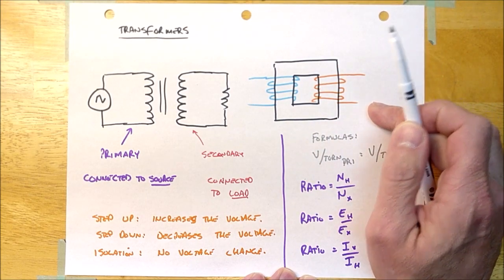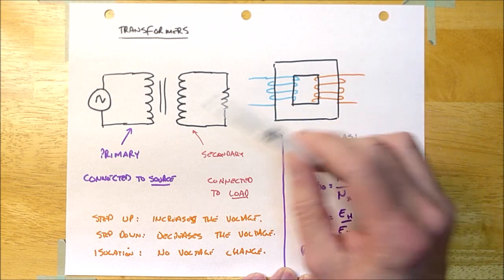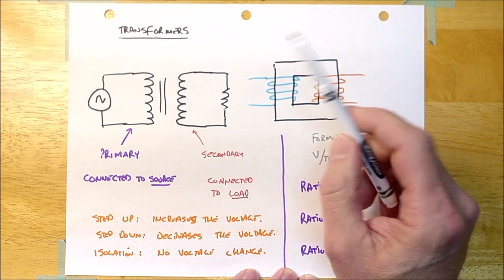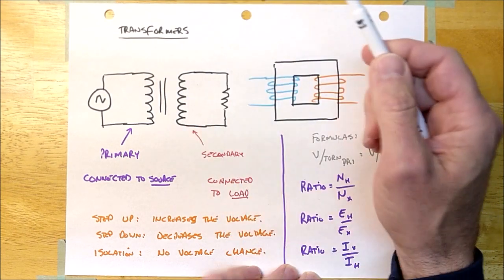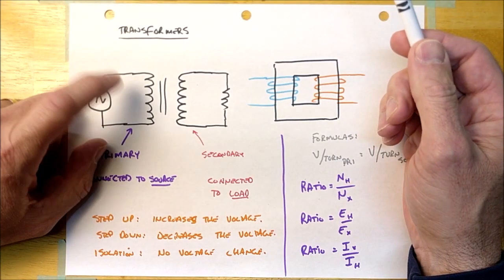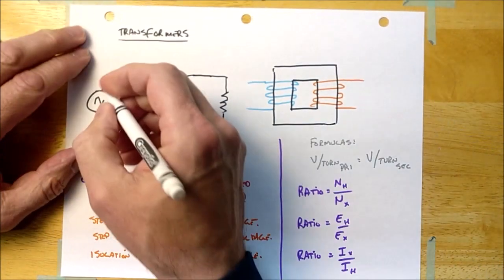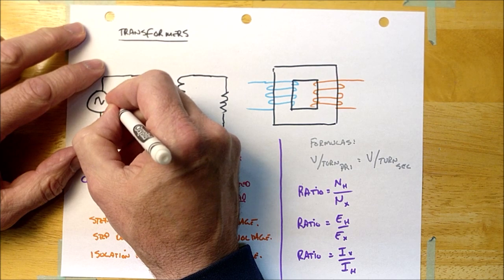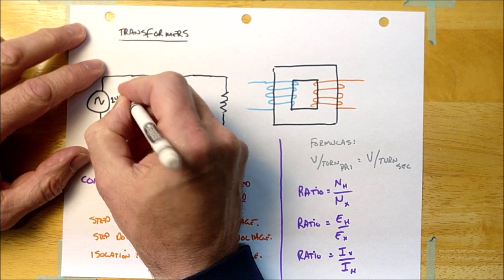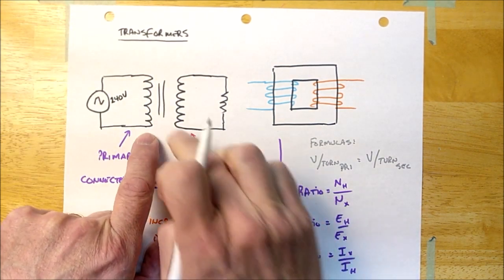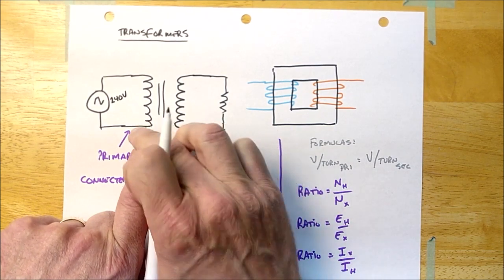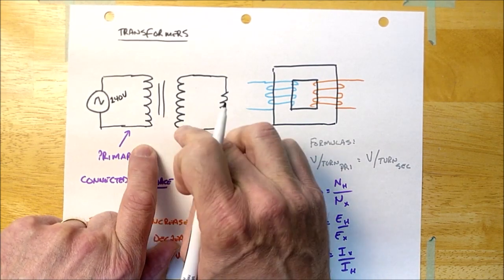All right, guys? Now, the question becomes, how do I change the voltage? And actually the way they change the voltage, if you look at this here, guys, let's say, just for fun, that this was 240 volts. The way they change the voltage is they change the number of turns from one winding with respect to the other.